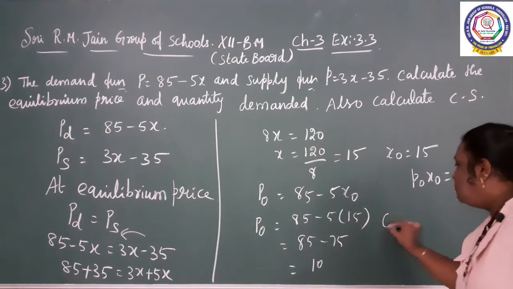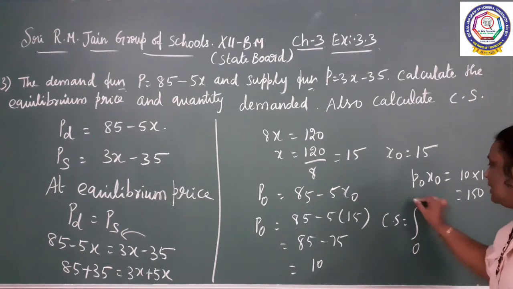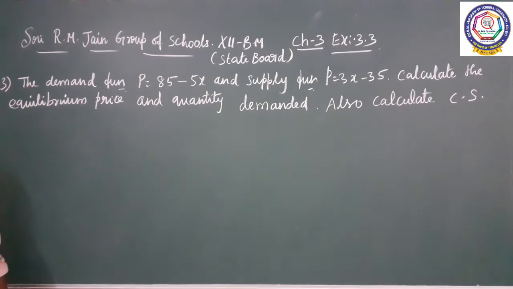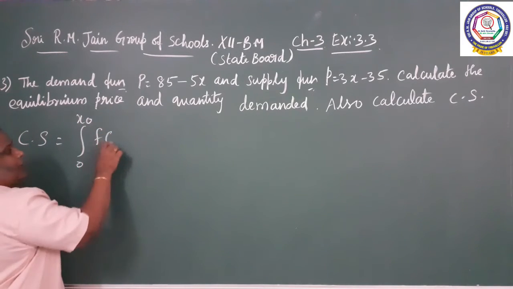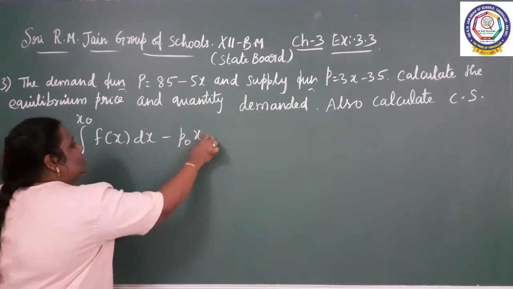Now we move on to find out the value of consumer surplus. What is consumer surplus? What is the formula for consumer surplus? Consumer surplus equal to integral 0 to x naught f of x dx minus p naught x naught.